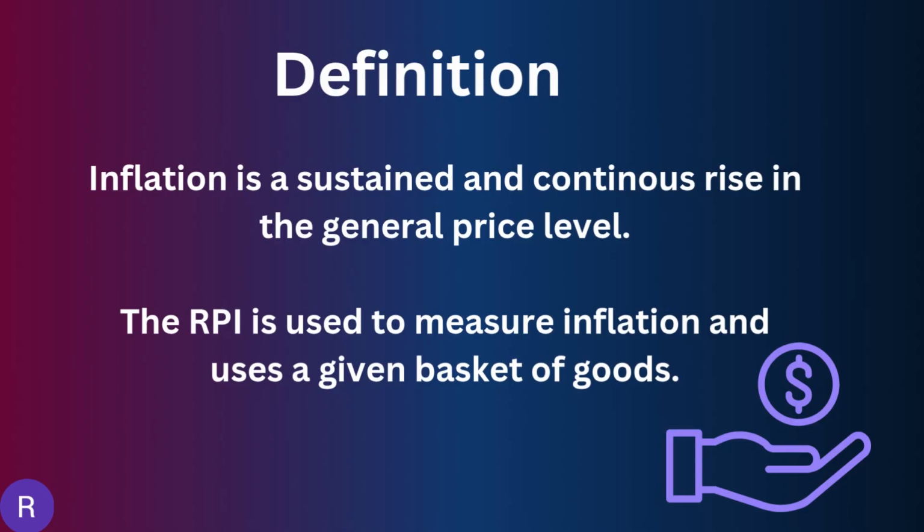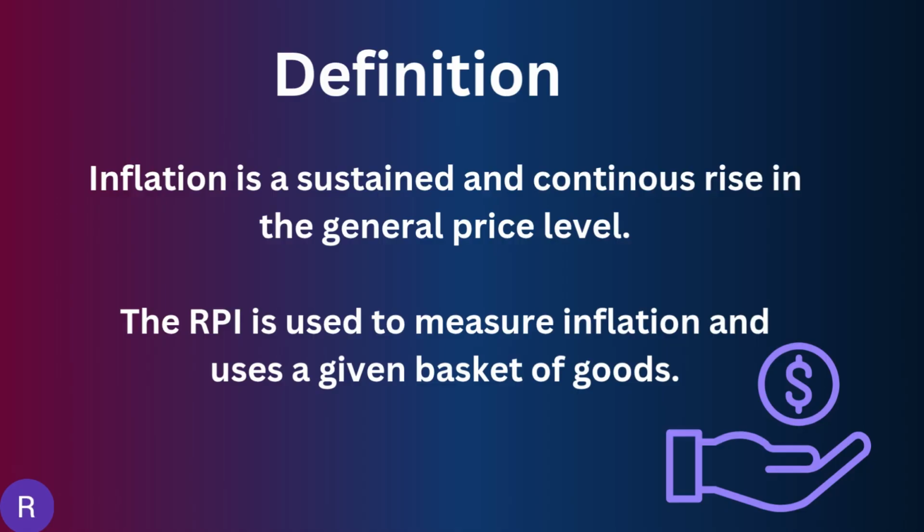So we have the fact that prices are increasing, but it is usually viewed in terms of a given basket of goods, and that is usually consumer goods, goods that consumers use all the time, like rice, flour, oil, those types of items. And you also have the retail price index being used to measure inflation. So the definition as to what it is referring to, we are looking at a general and sustained increase in the price level.